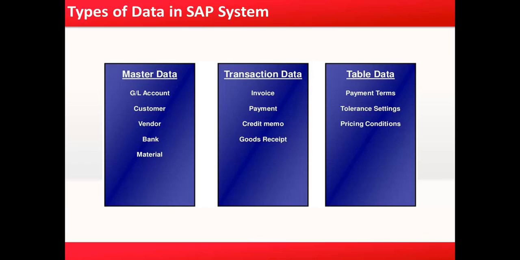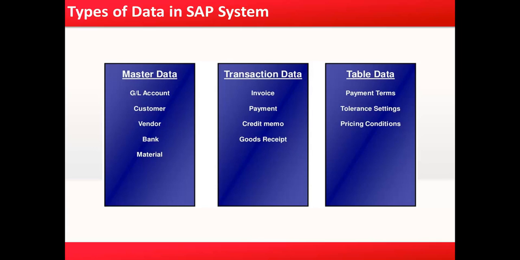Let's take an example of types of data in an SAP system. Here you can see the GL account, then customers, vendors, bank, and material. That is the master data for finance-related work. And what is the transaction data? Invoices keep changing, payments are different every time, credit memos are different, and goods receipts are different for each transaction.